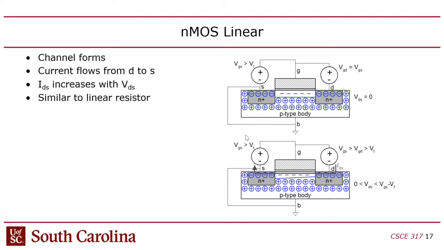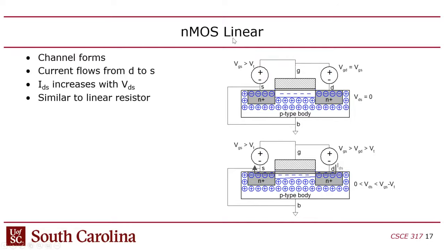Okay, so then there's the linear mode, which is when your VGS, V gate source, is greater than the threshold voltage, and that's when you begin to form an inversion region under the gate in the channel, which is the minority charge carriers.